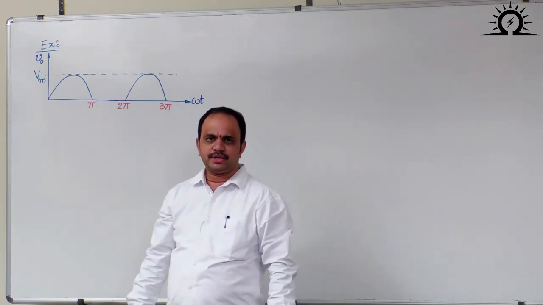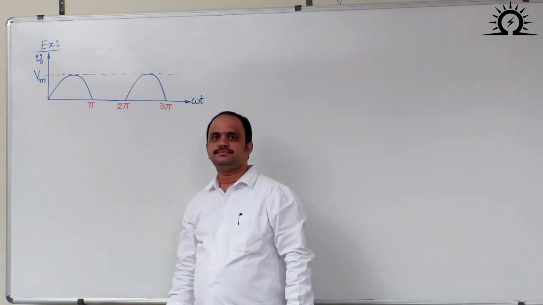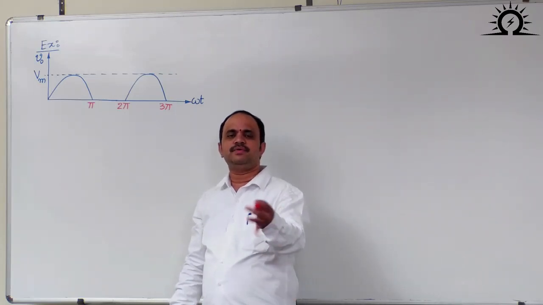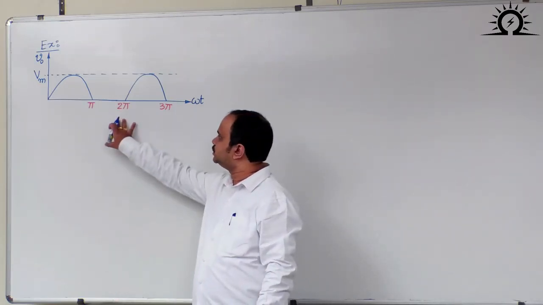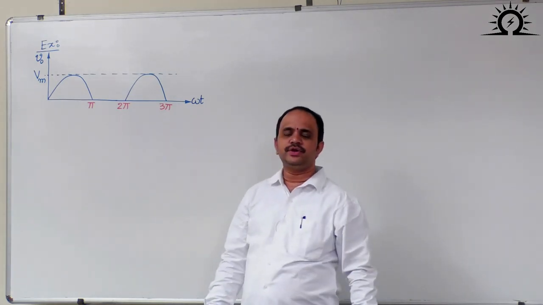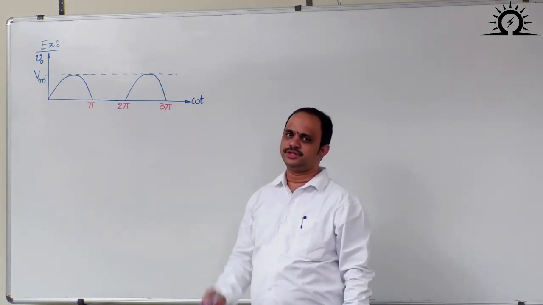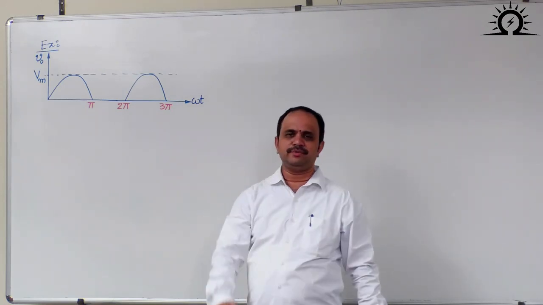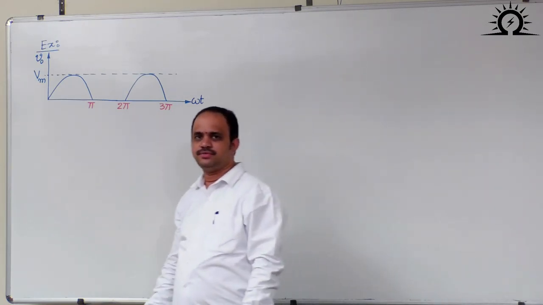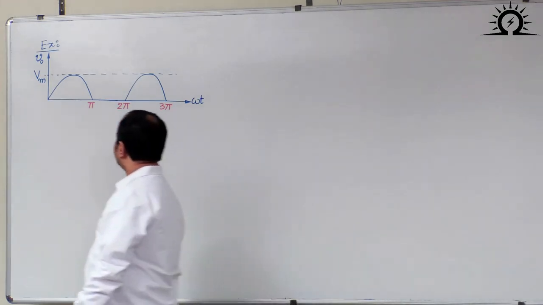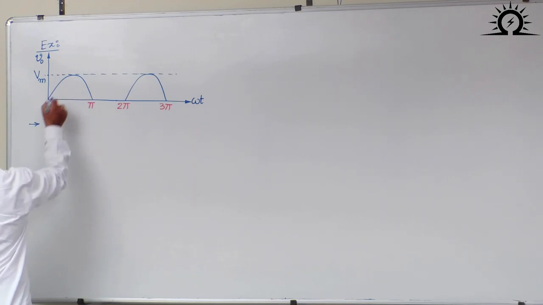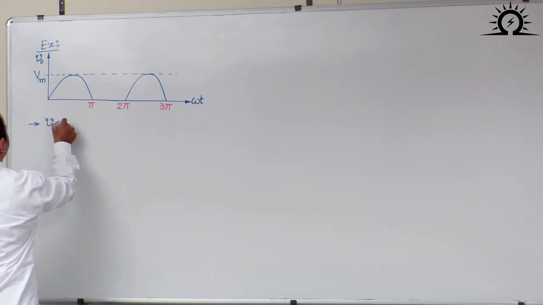Now let us take another example. Here output voltage of one power electronic circuit is shown in the figure. Objective is to find Fourier series expression for this. Just for your information, this is the output voltage of half wave rectifier circuit that we will study later. So how can we define the given function first?